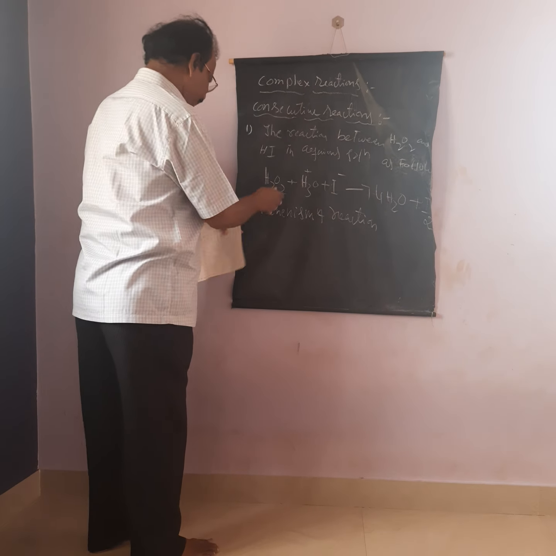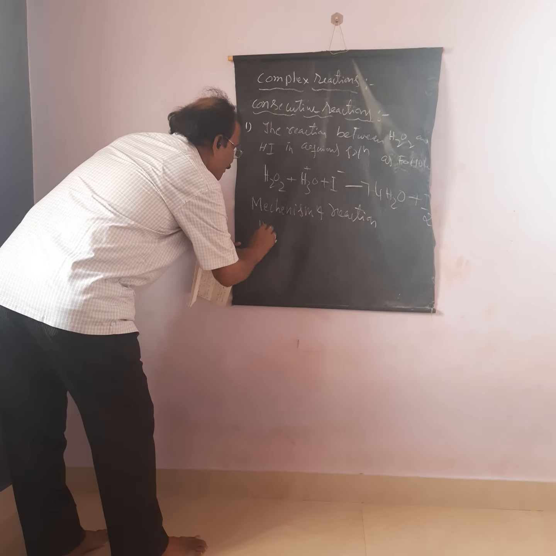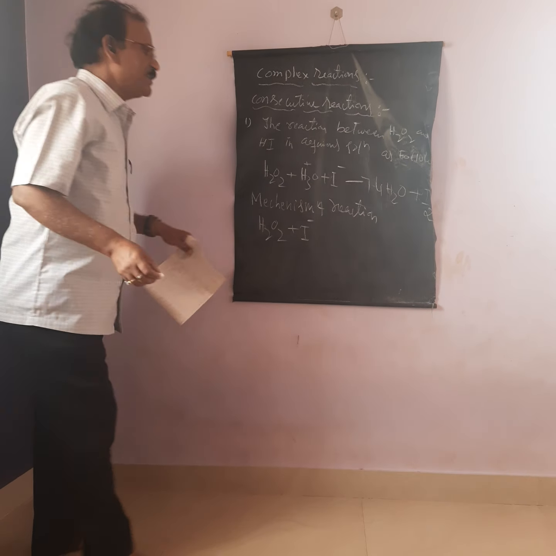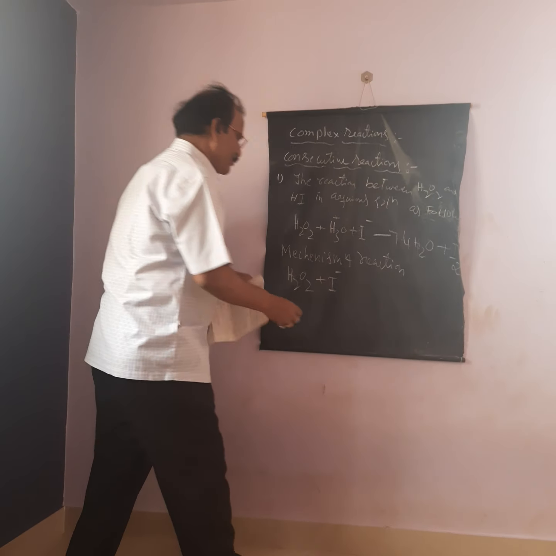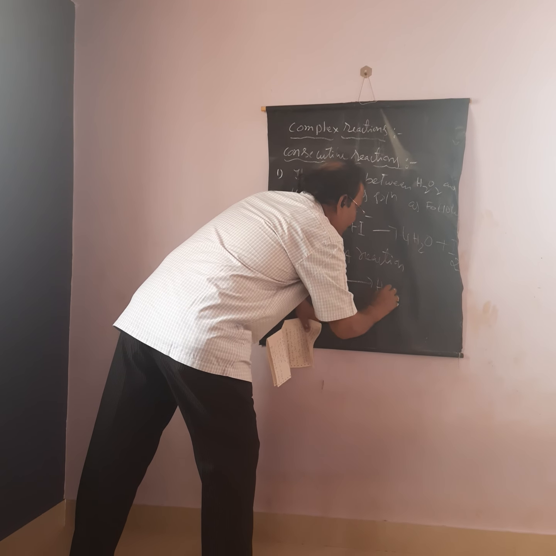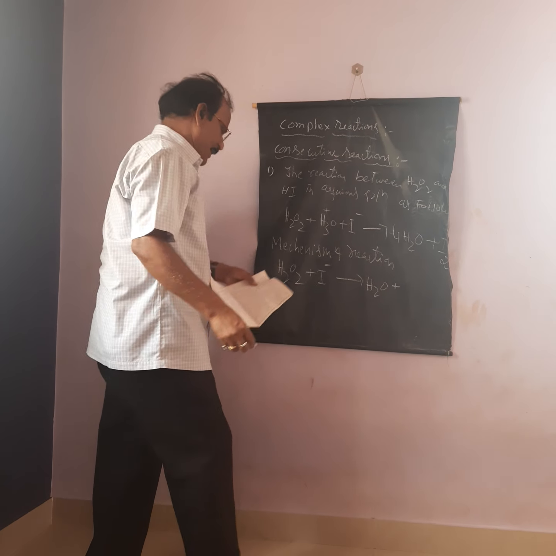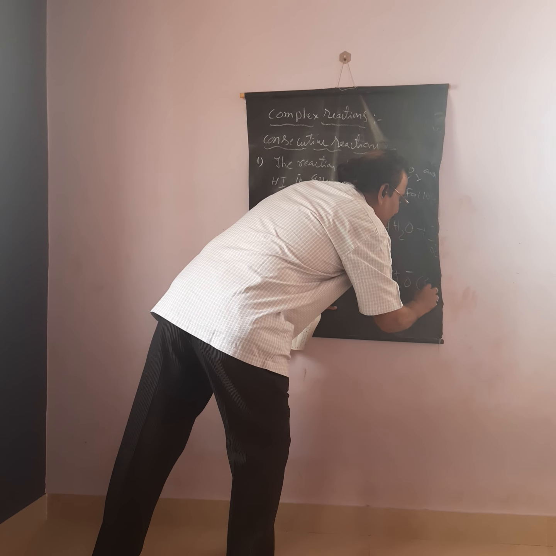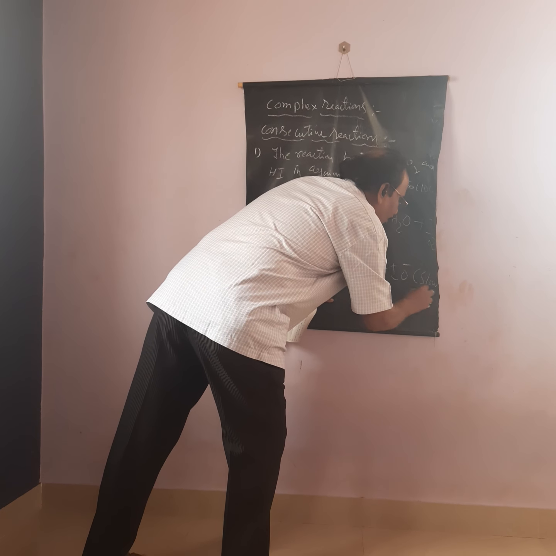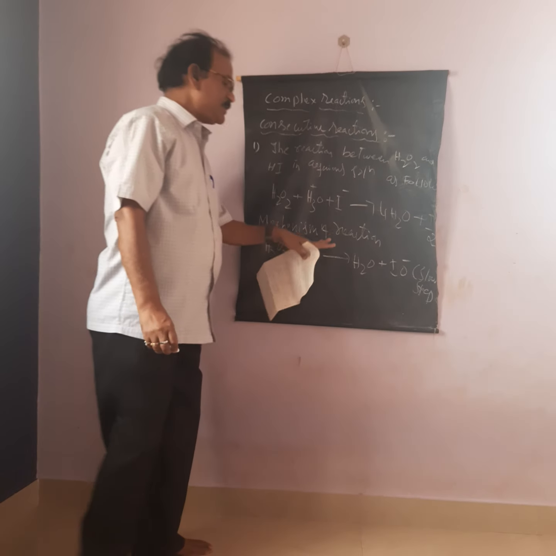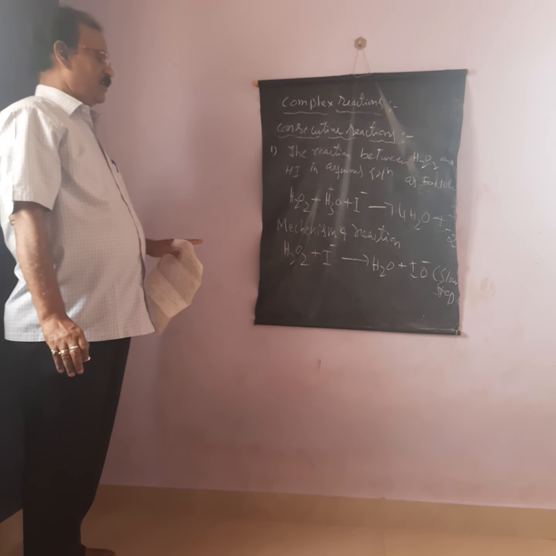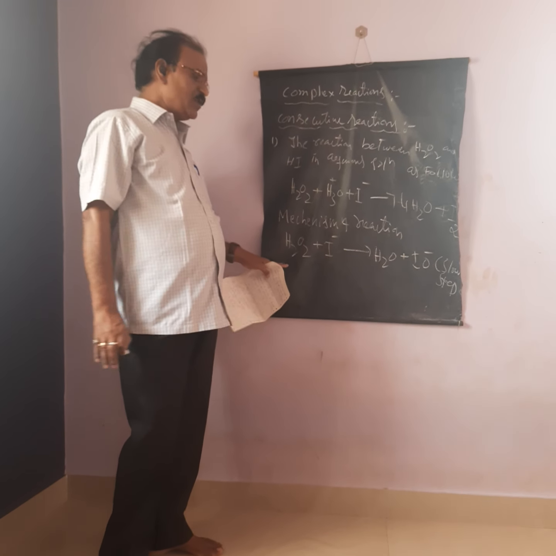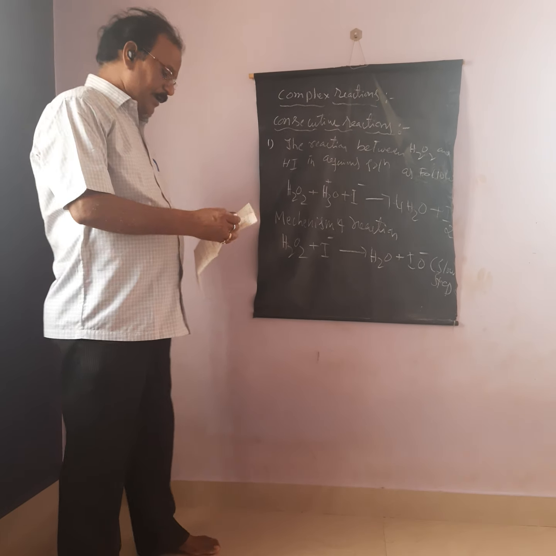In the mechanism of this reaction, first H2O2 reacts with I minus in the aqueous solution of hydrogen iodide to give H2O plus IO minus, and it is a slow step. The slow step is the rate determining step. The kinetics of this reaction is studied only by means of this slow step, which is also called the rate determining step.